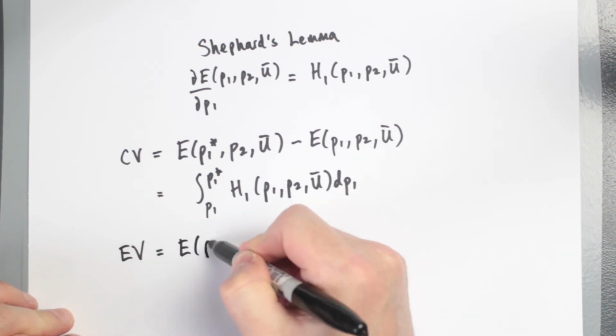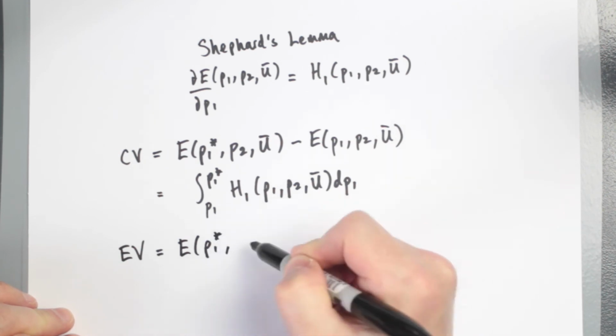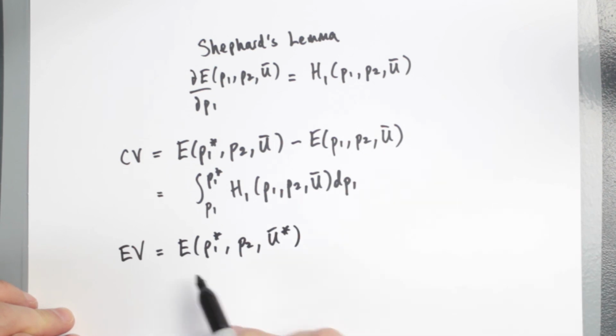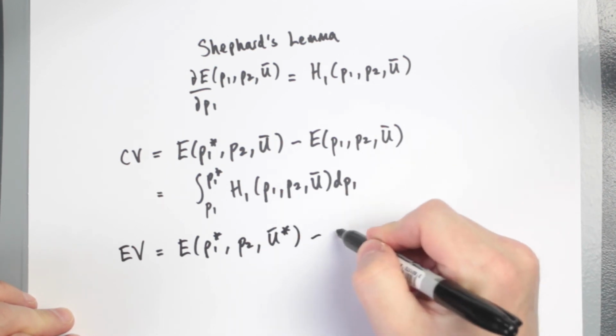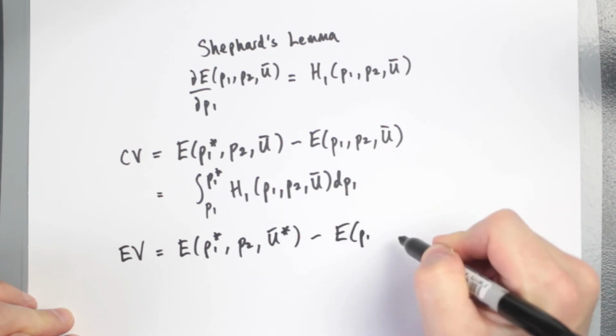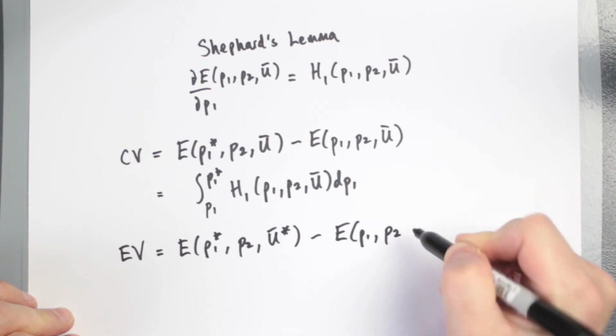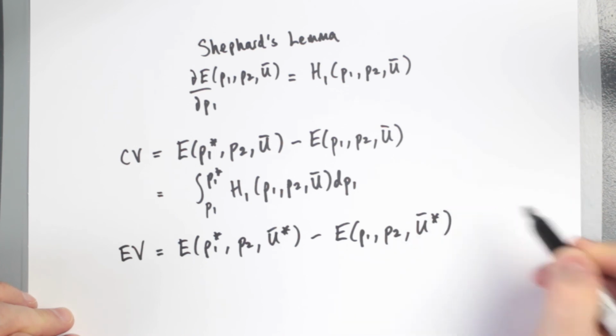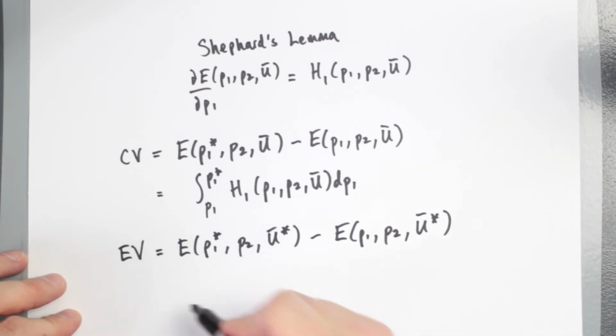So we know that this is P1 star here, P2, and the target level of utility, U bar star, the new target, minus the minimum expenditure at the original prices to achieve U bar star, the new utility level.